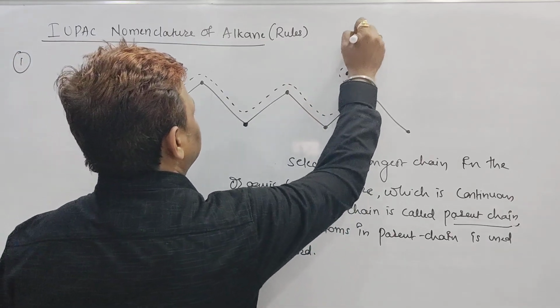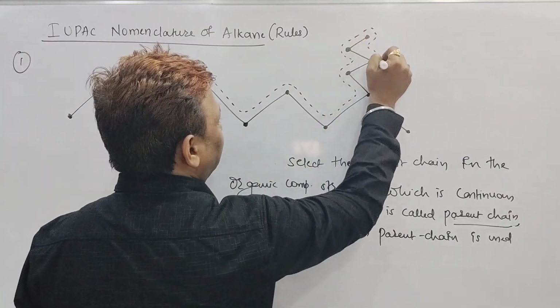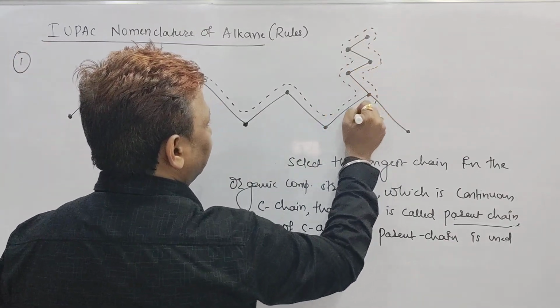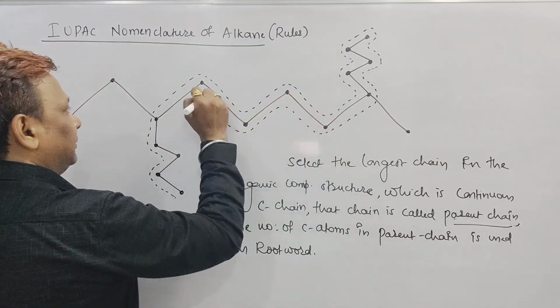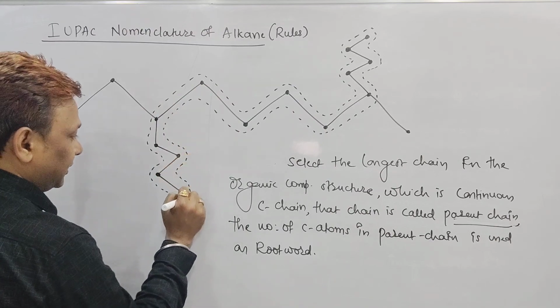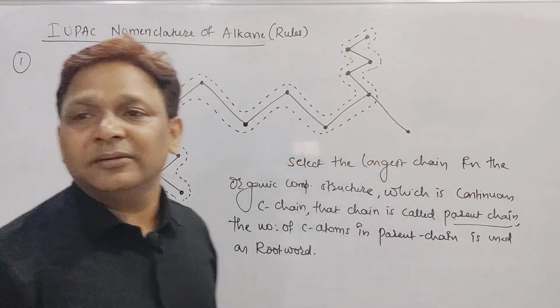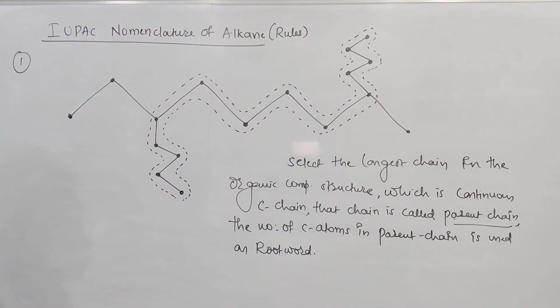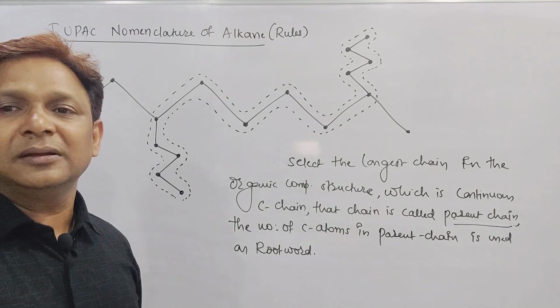As this is the longest chain of carbon atoms, it will be considered as the parent chain. Is it clear, beta? This is rule number 1 for writing the IUPAC nomenclature of the alkane. Is it clear, sir?